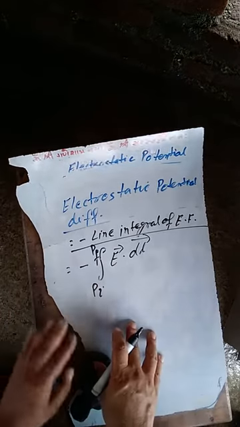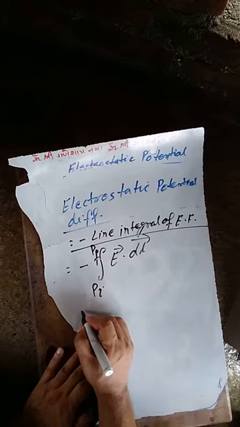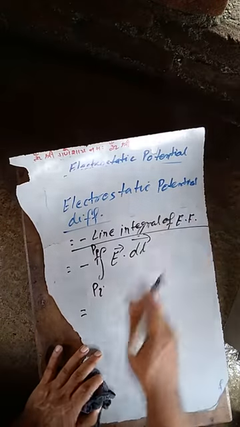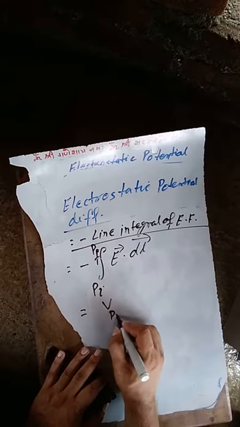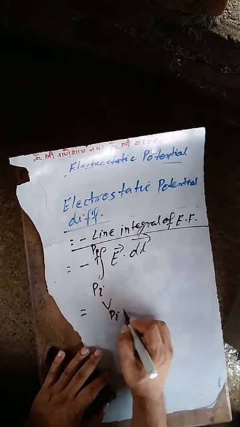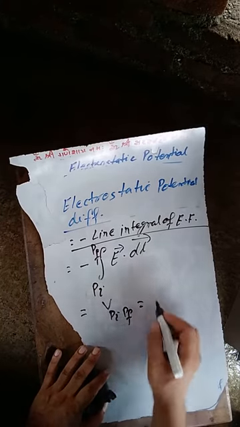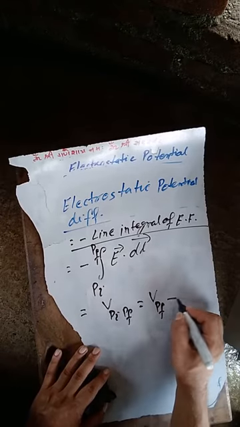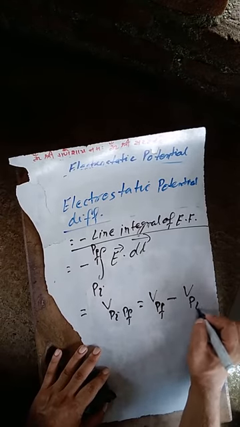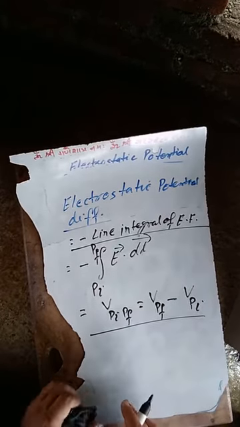This is your line integral of electric field from point Pi to Pf. So this is your what? Electrostatic potential difference. We represent it as V from Pi, the initial position, to Pf, the final position, and what is this? Final position potential minus initial position potential, because it is potential difference.